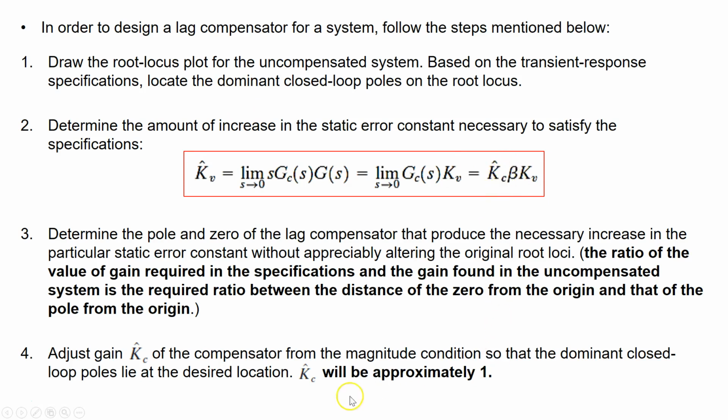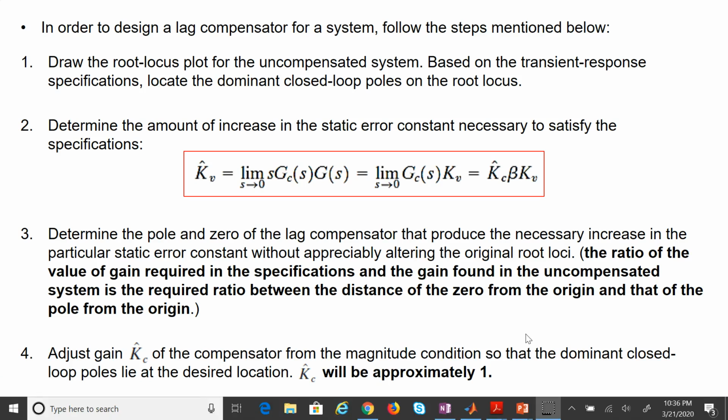And then Kc is going to be around 1, which is quite obvious from here, but also the effect of Kc not being too big is that it reshapes the origin only through its pole and zero, not through that gain. Okay, so ultimately we're going to find Kc by the magnitude condition, that the magnitude of the compensated system at the desired location should be equal to 1 at the dominant pole. So we're going to use that.